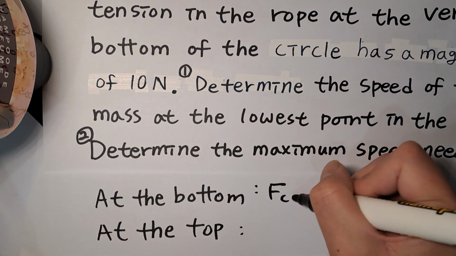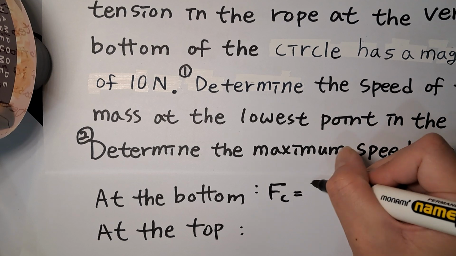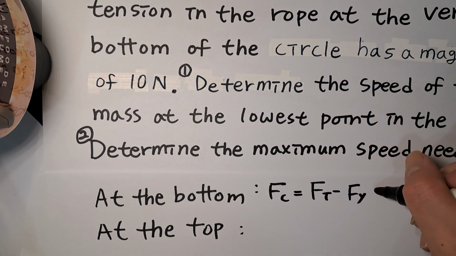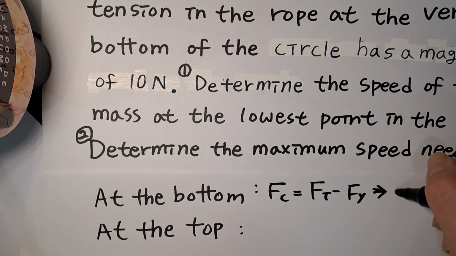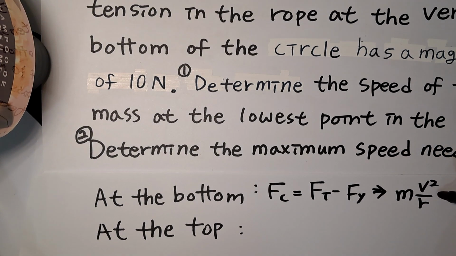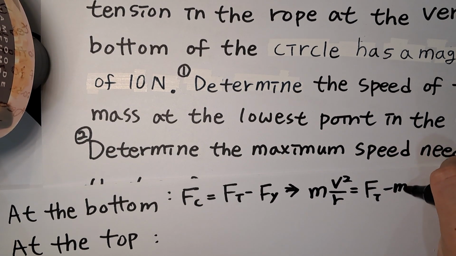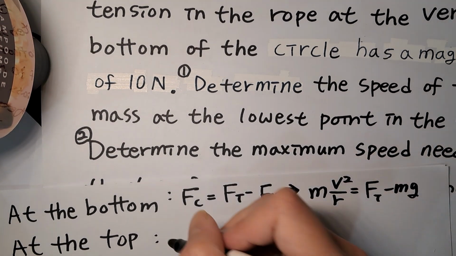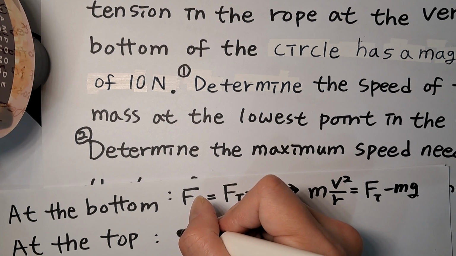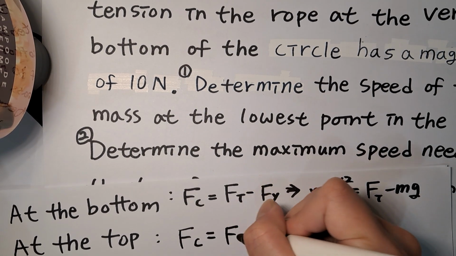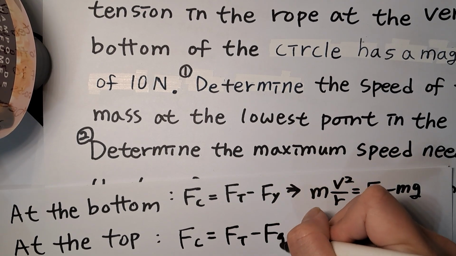So the central force is going to be the force of tension minus the force in the y direction. This is going to be this. And in the case of the top, this is going to be this.